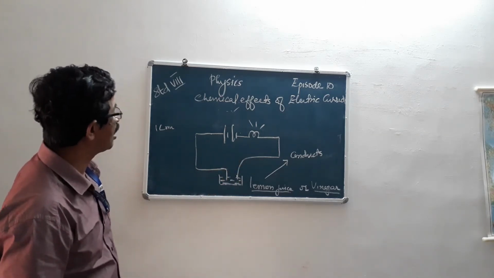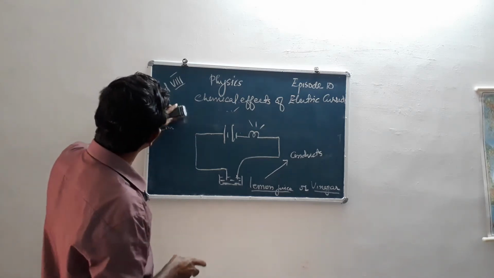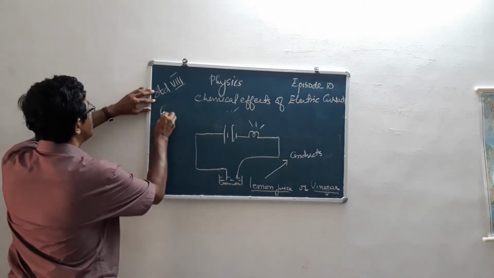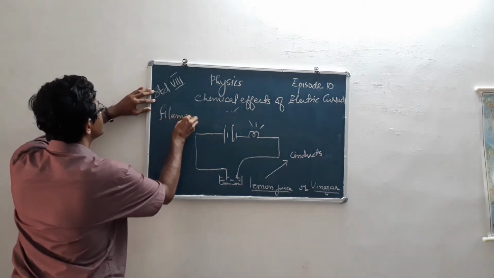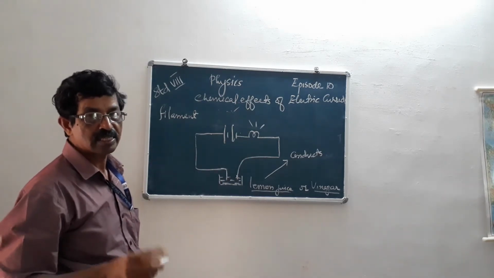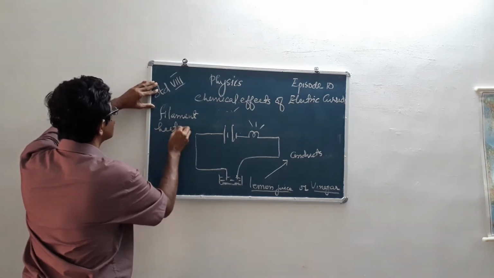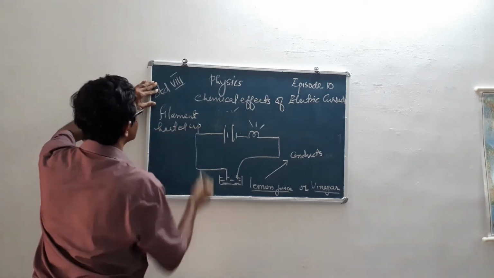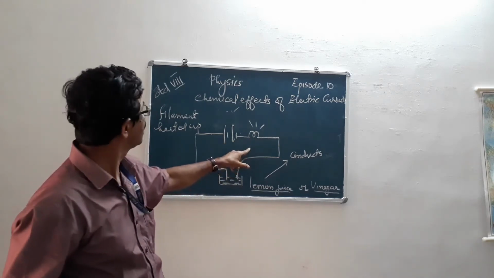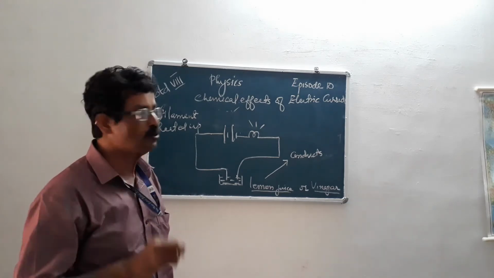Why is this bulb glowing? When current is flowing through this bulb, there is one filament in the bulb. That filament will get heated up, and from that light is emitted.